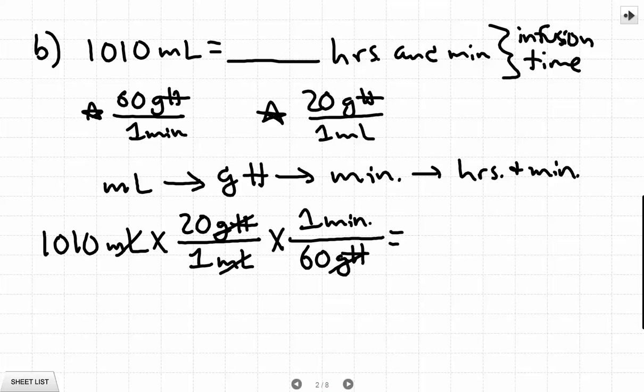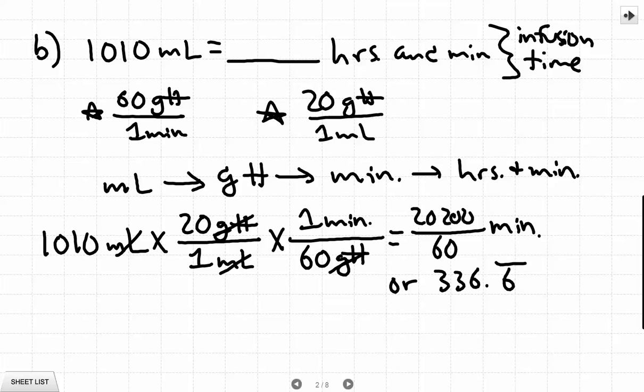So when I do the calculations, we take the 1010 times 20, and that gives us 20200 over 60, and that's just minutes. So if we take 20200 and divide by 60, that comes out to be 336.6 minutes.